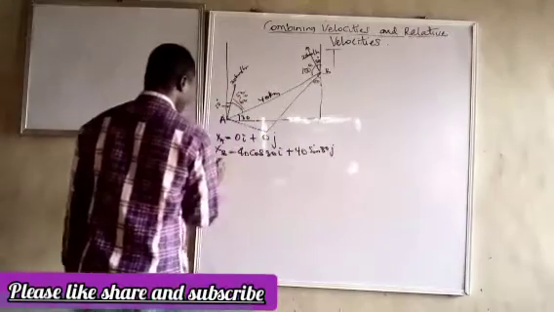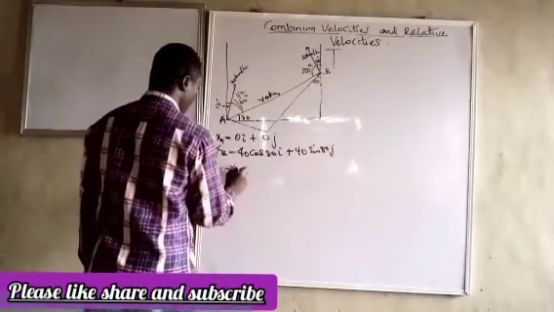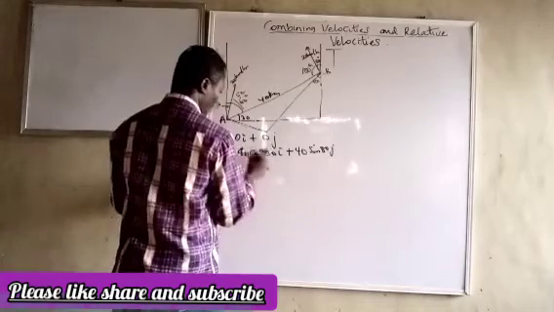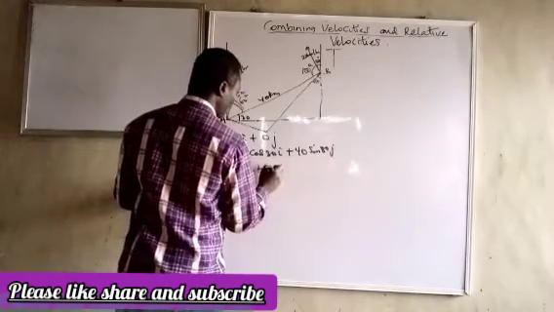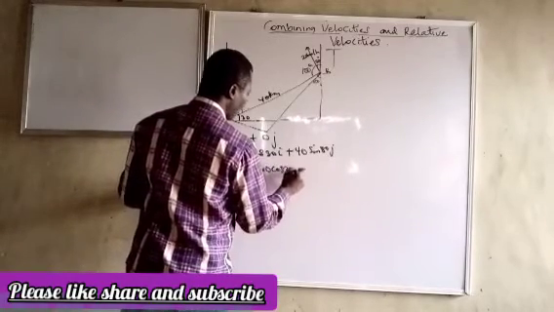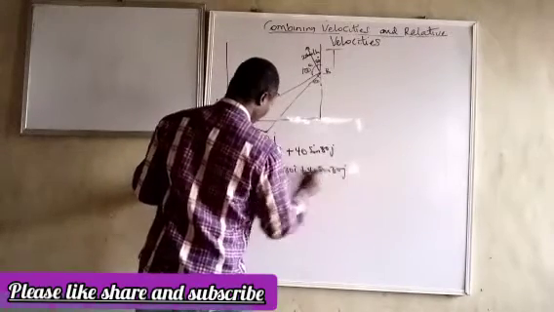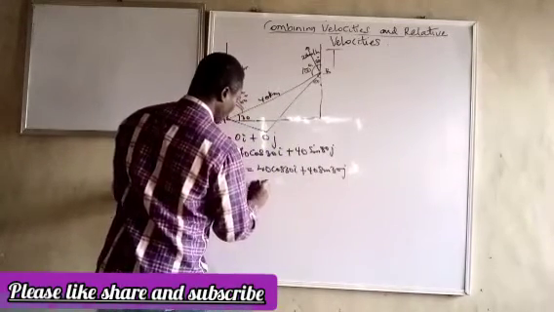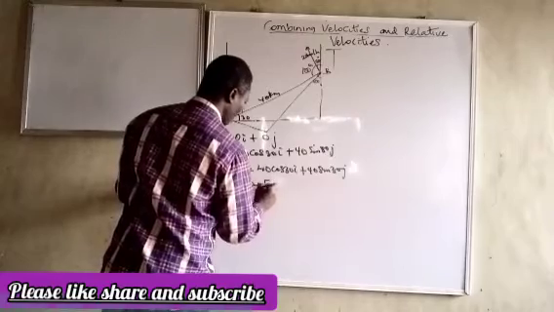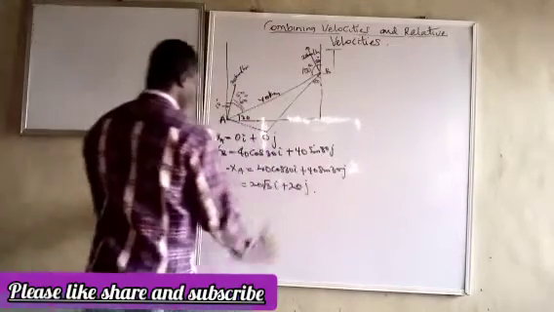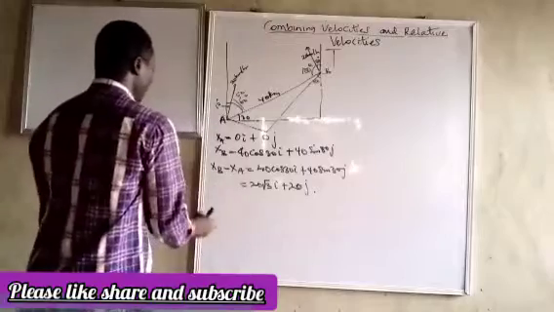So XB minus XA is still the same thing now, since this place is 0, 0: 40 cos 30 i plus 40 sin 30 j. So this will give me 20 root 3 i plus 20 j.